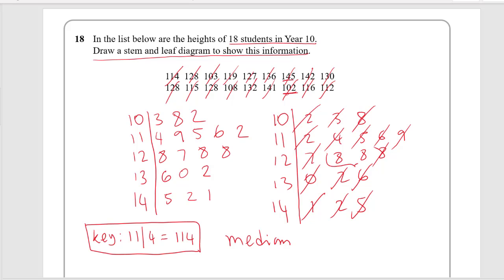The two middle numbers are 128 and 128. They're both the same, so the median is 128. And the mode, which one appears the most? We can see there are 3 of them, so the mode is 128 as well. So we found the median and the mode using a stem and leaf diagram.